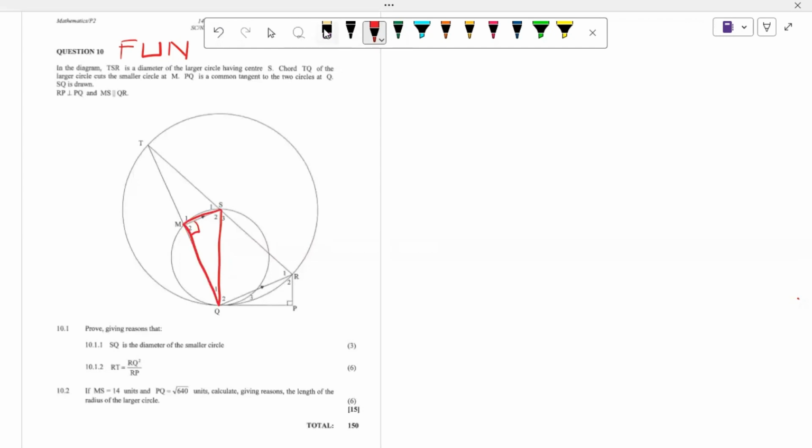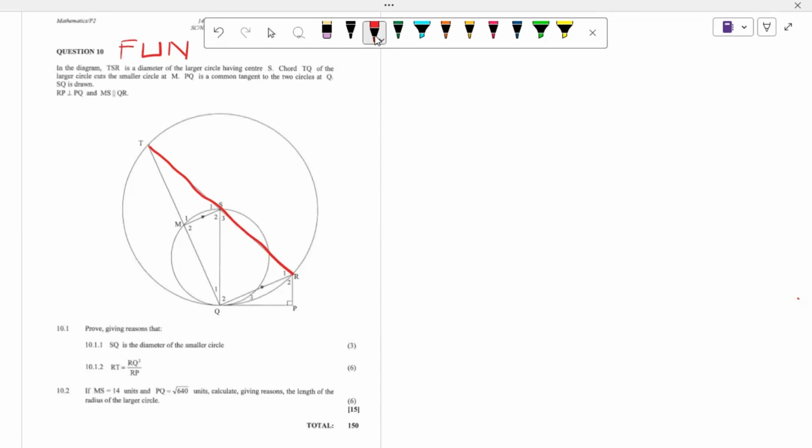We had something like this, so I'm sure it's not foreign to you guys. So okay, what do I have? Let's start there. If I can see, number one, from my big circle, TSR is my diameter, right?